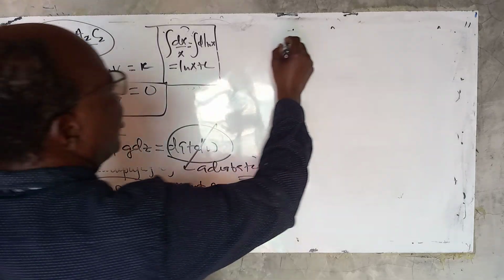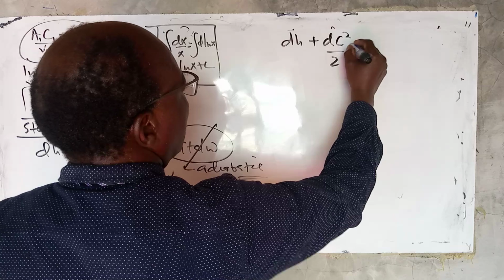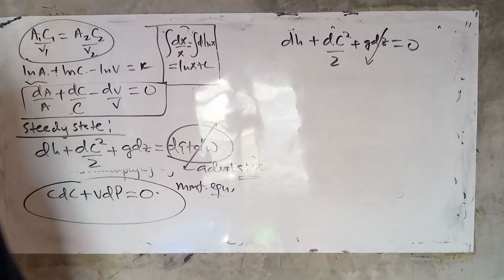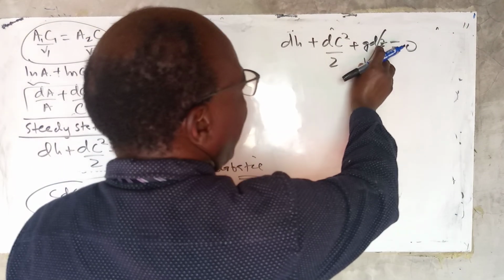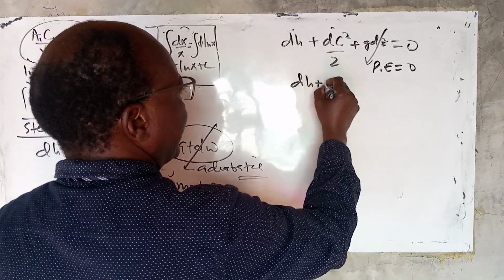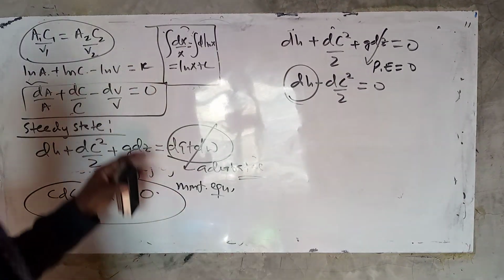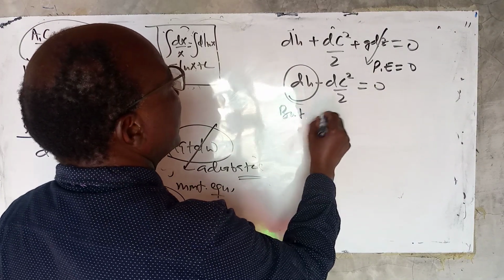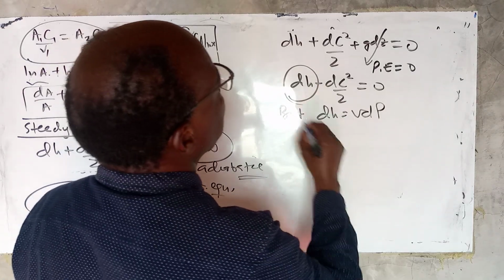And so we have dh plus dc squared over 2 plus gdz is equal to 0. And of course, we are assuming that the datum level is not significant, so the potential energy you can assume is 0. So we have dh plus dc squared over 2 is equal to 0. And that dh, remember, we have already seen that dh is VdP. So what does it mean, VdP?